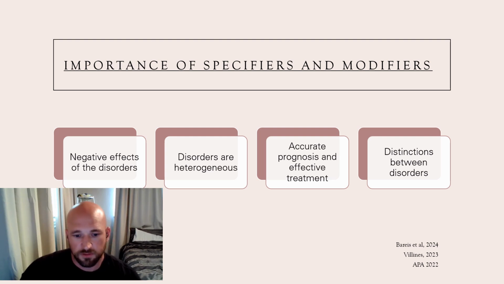That's why we want to make a distinction between drug-induced, or between schizoaffective and schizophrenia. We need to understand how long the schizophrenic symptoms have been there compared to how long the mood disorder symptoms have been there. So all these are important distinctions that need to be made for the good of the patient.